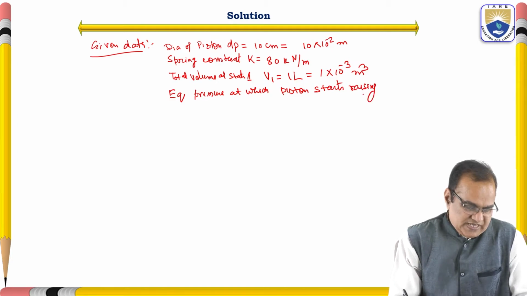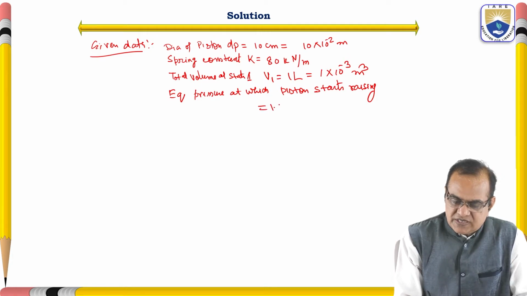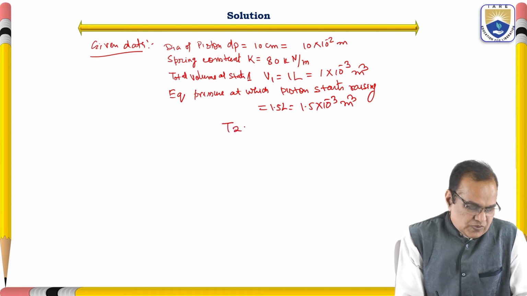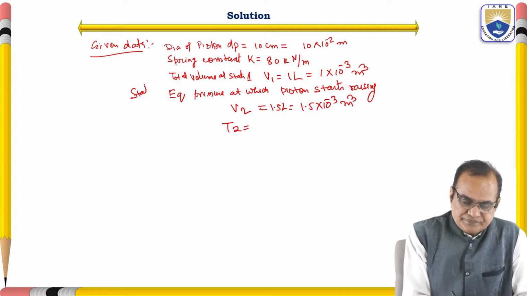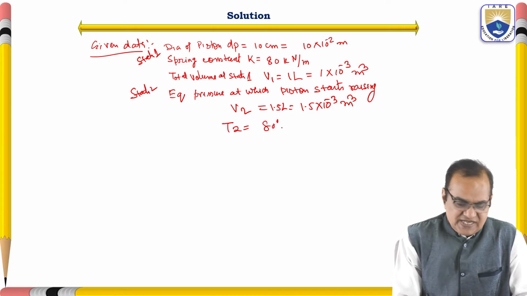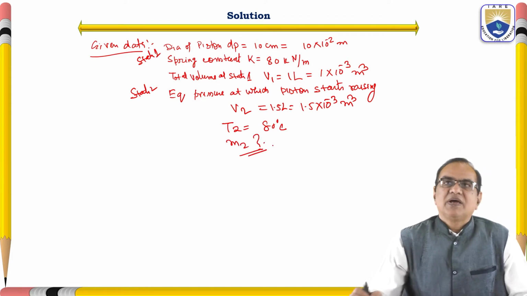This is V2, 1.5 liter, 1.5 into 10 to the power minus 3 meter cube, at state 2. This is state 1. T2 is given as 80 degrees centigrade. So we have to find out m2. What is the mass? This is our problem.